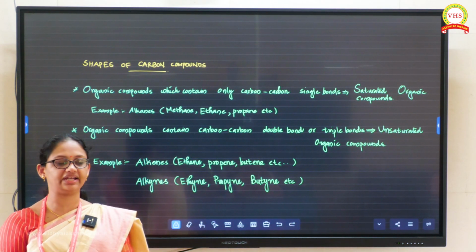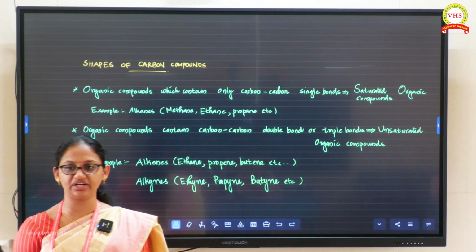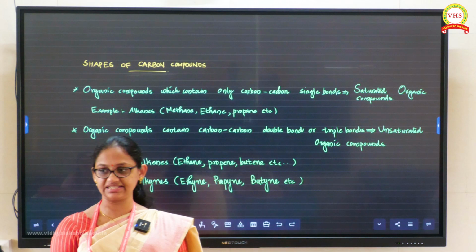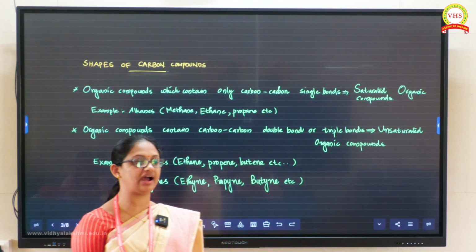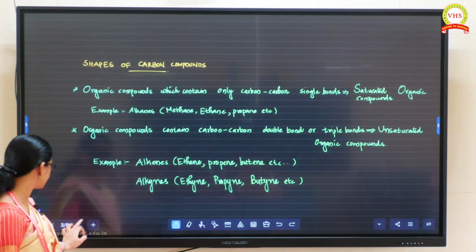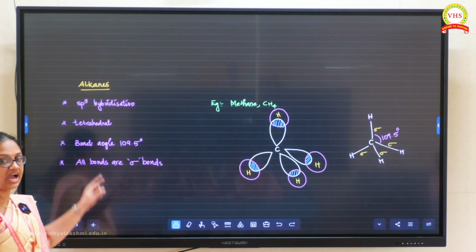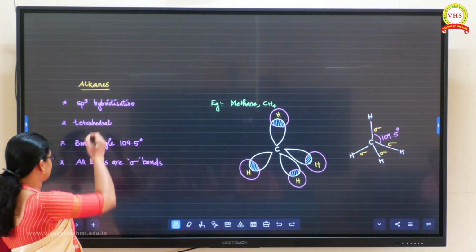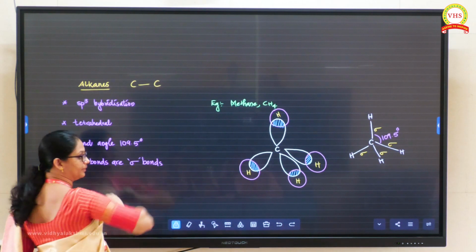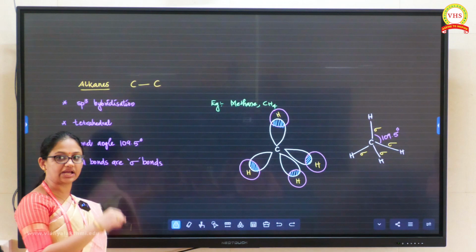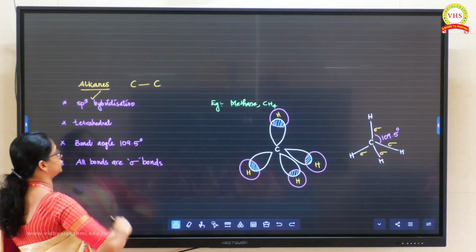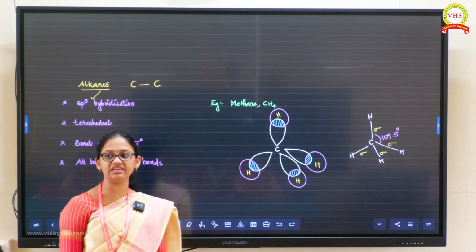Next we can discuss the shape of different carbon compounds, alkanes, alkenes and alkynes, based on their hybridization. First one is alkanes. Alkane means carbon-carbon single bond. Carbon surrounded by only single bonds means the hybridization is sp3.